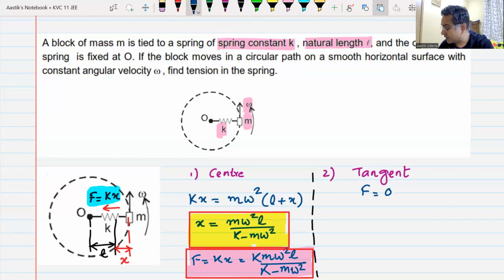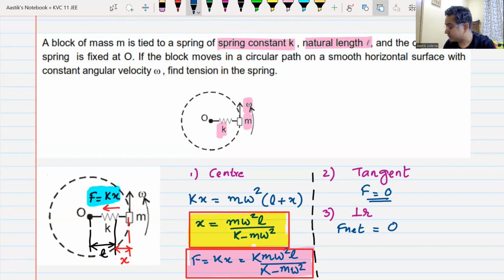But again, I can make one equation along the perpendicular direction. In perpendicular direction, whatever happens, the net force has to be zero. What is the equation you are going to get in the perpendicular direction for this block?